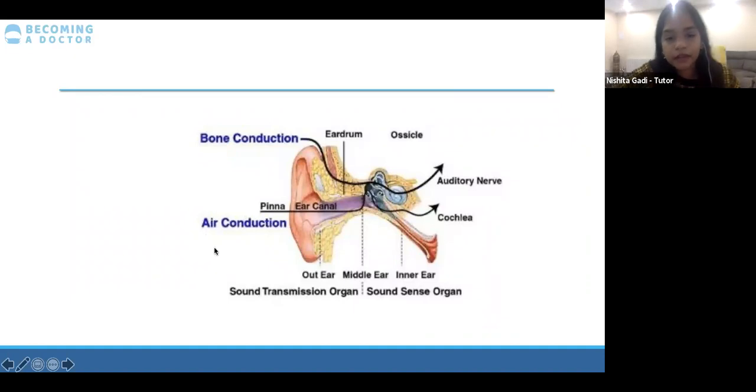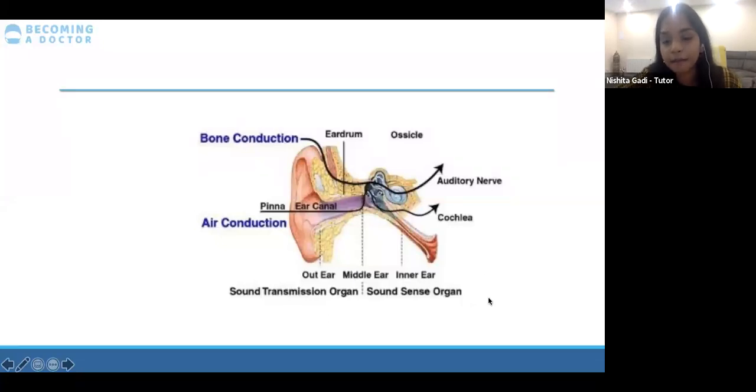Okay. So here's just another diagram about that. For example, does anyone know of any causes of conductive hearing loss? Feel free to write in the chat. Yeah, exactly.